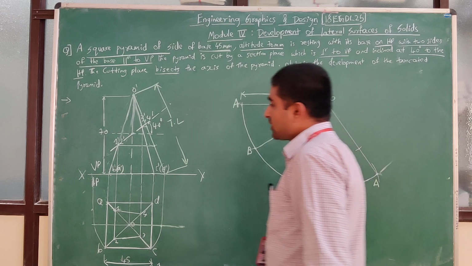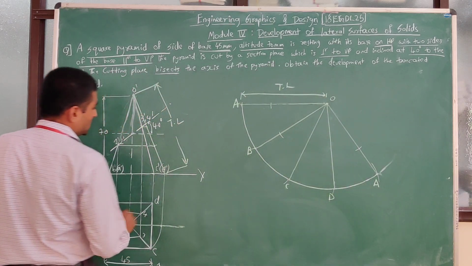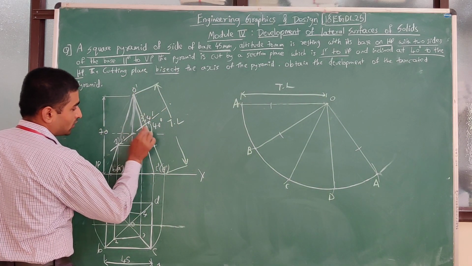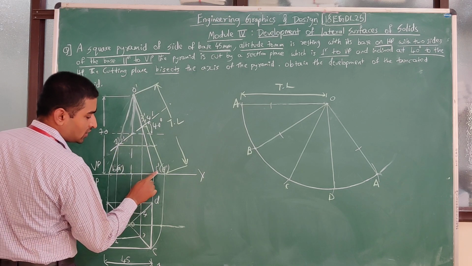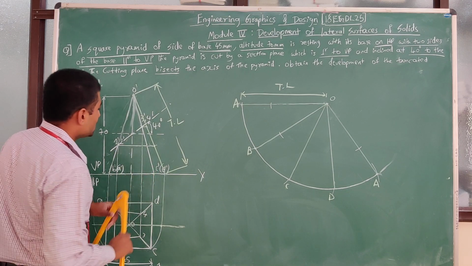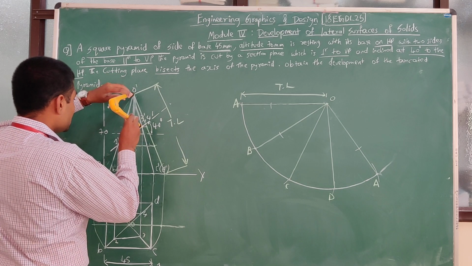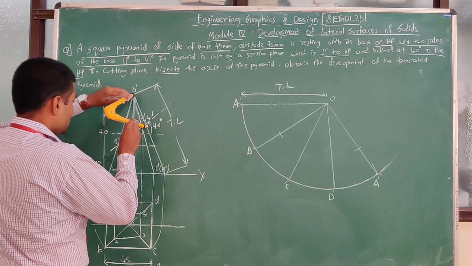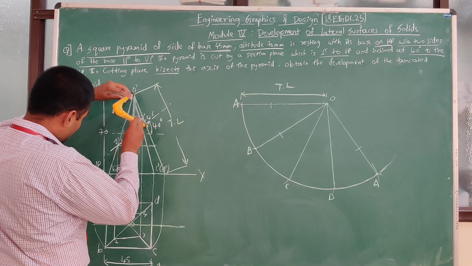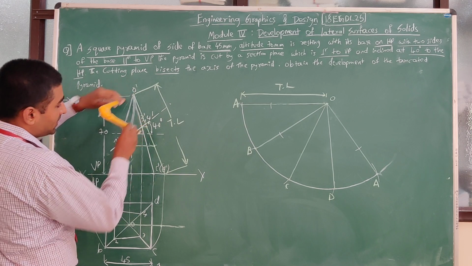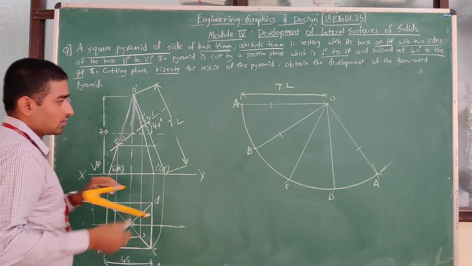Okay. So now the next point is O to 3 dash 4 dash. So 3 dash 4 dash is coming on which edge? The C and D edge. So let us measure that distance. Please see here very carefully that the point I am taking is on the true length, right?